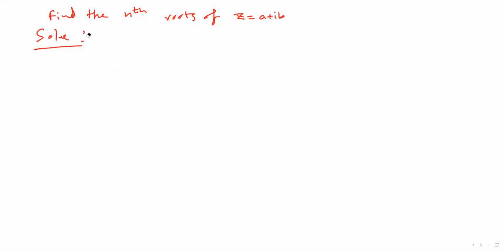An analogous problem can be formed that sounds like this: solve the equation x to the power n equals z, right?